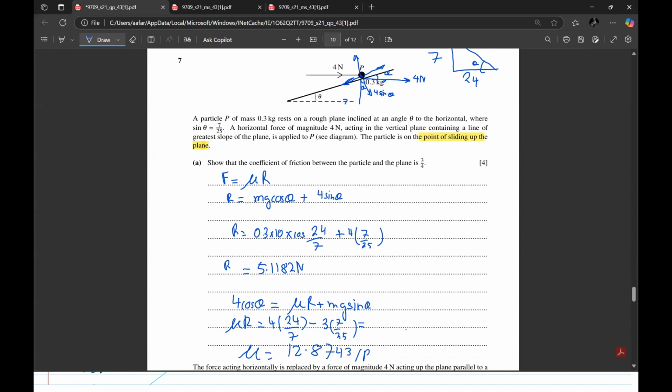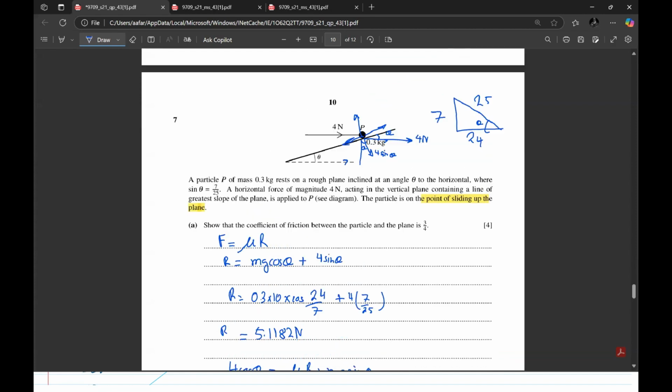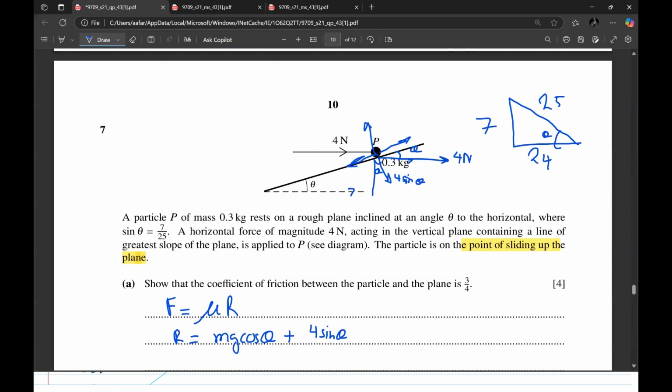12.8743 divided by R. So mu... Okay, one second. I think there's something wrong.